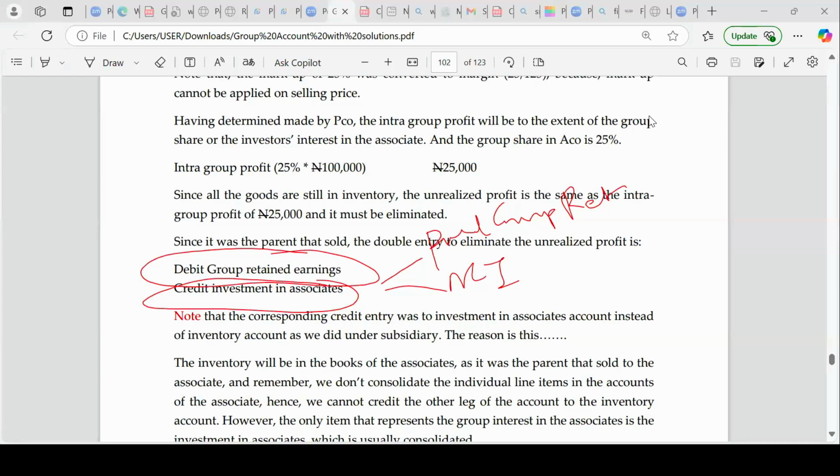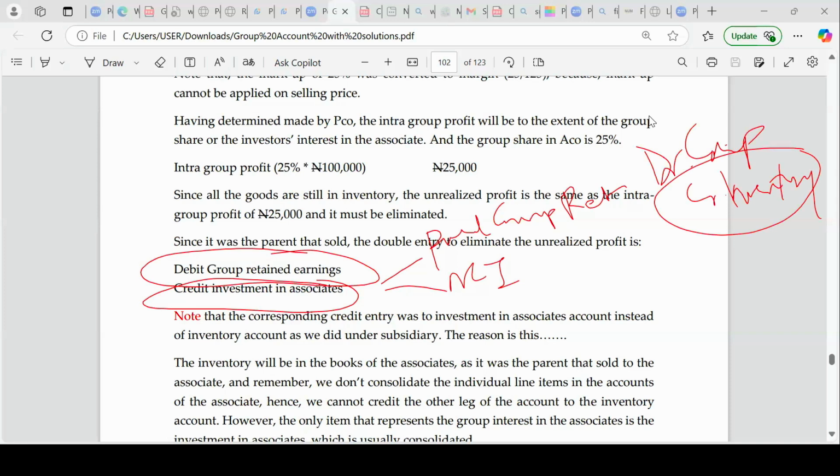All right. Now, what this note is talking about is this. When we were treating group, if parent made a sale and there is a profit loading on it to the subsidiary, what we would have done was debit group retained earnings, credit inventory. But now you are not going to credit inventory. You know why? Because the inventory is not fully consolidated for associate investments. We are not adding line by line item.